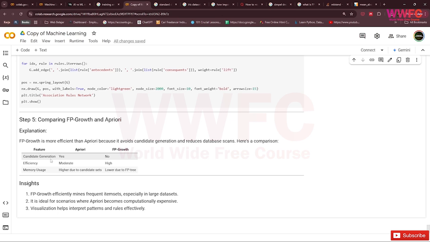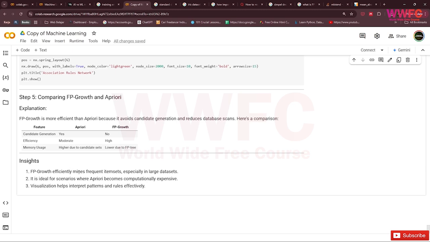So here are the comparisons. For the feature candidate generation, yes for Apriori, but no for FPGrowth. On efficiency, Apriori is moderate, while FPGrowth is high. On memory usage, Apriori is higher due to the candidate set, and FPGrowth is lower due to the FP tree.